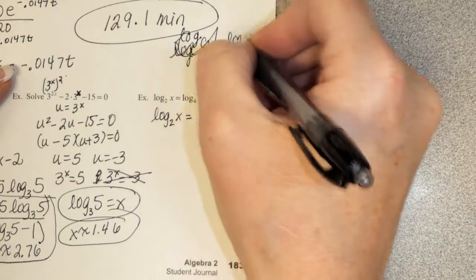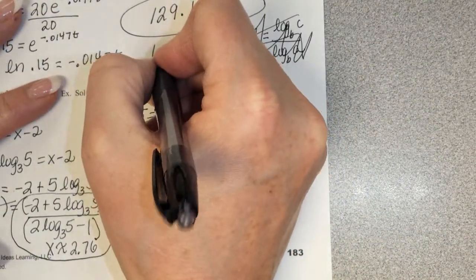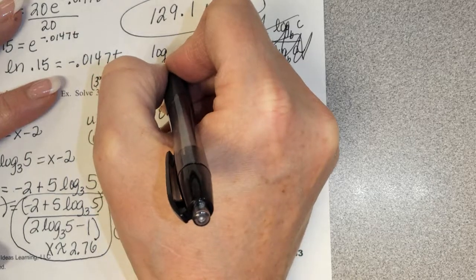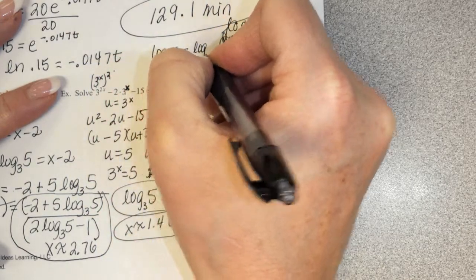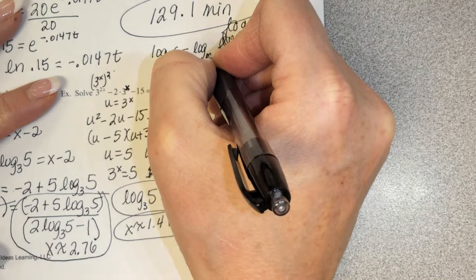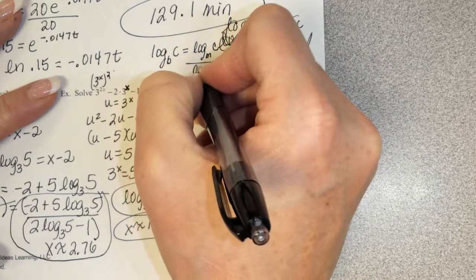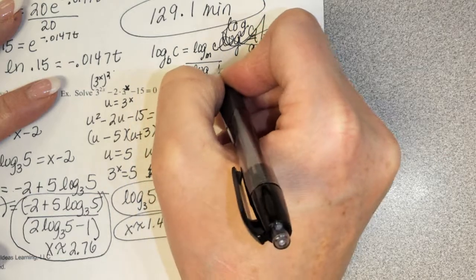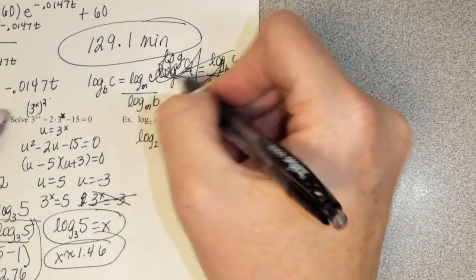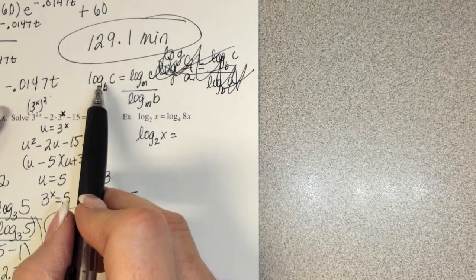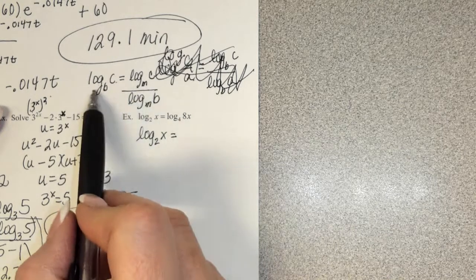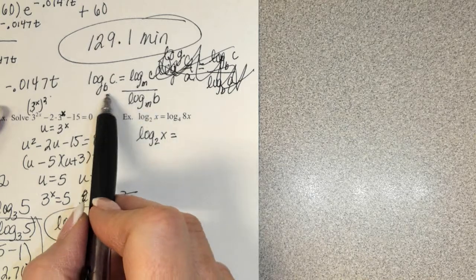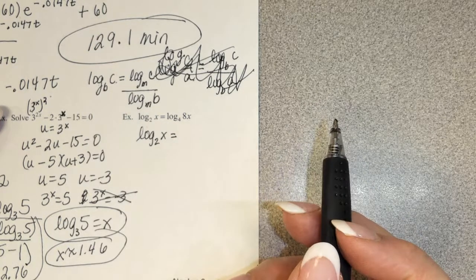I completely messed up the formula. Okay, let's go over here. If I have log base b of c, that's going to be the same as log base, let's call it m, of c over log base m of b. Do you see that pattern? It goes log base whatever you want of c divided by log base m of b. That's the change of base formula.